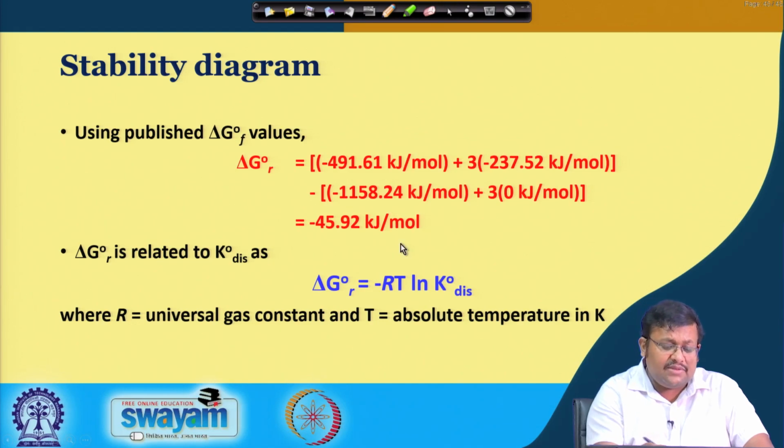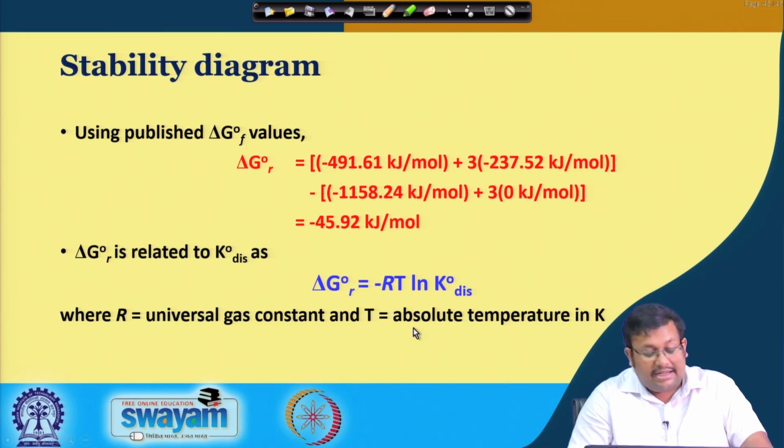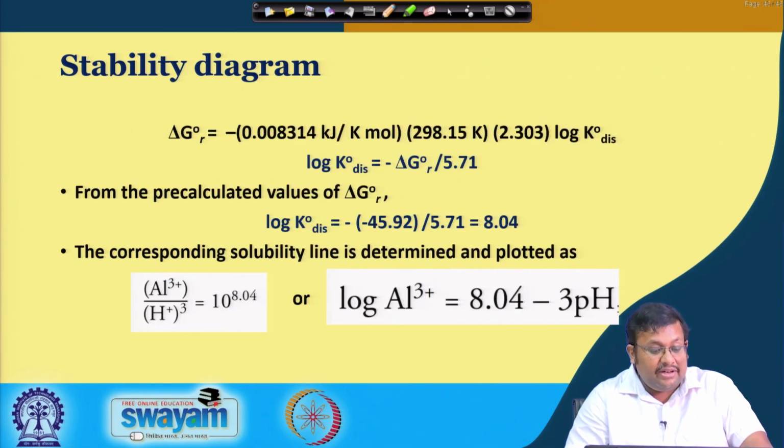We can calculate the value of the thermodynamic free energy of the reaction, and we know that the relationship between the thermodynamic dissolution constant and the thermodynamic free energy of reaction can be expressed using this formula, where R is the universal gas constant and T is the absolute temperature in Kelvin.